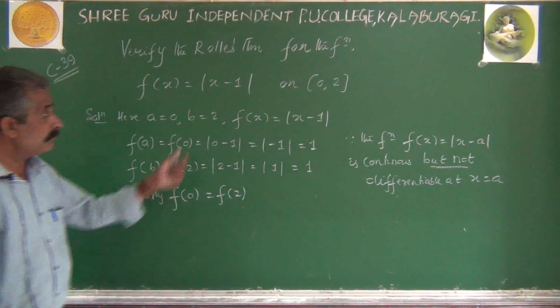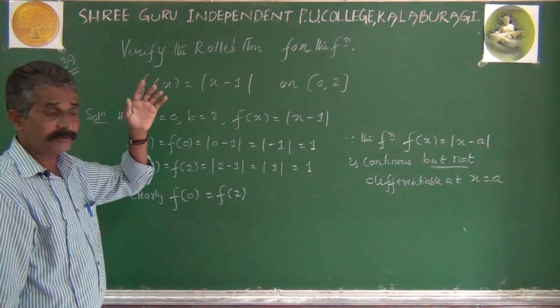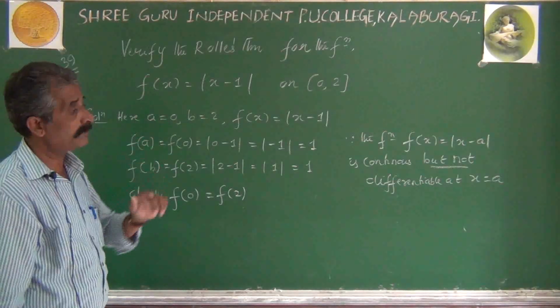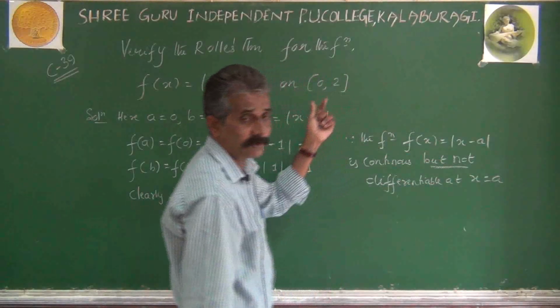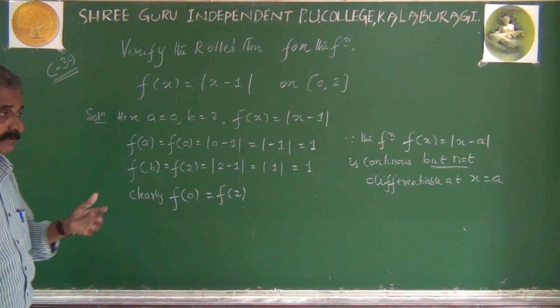You recall that problem. That means our given function is continuous at x equal to 1 but not differentiable at x equal to 1. Moreover, 1 belongs to the interval, so differentiability fails.